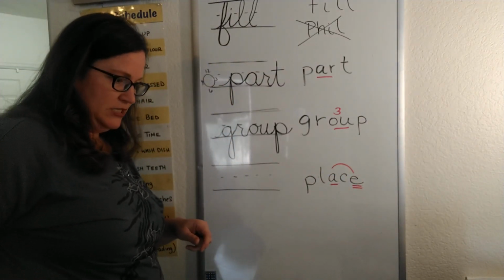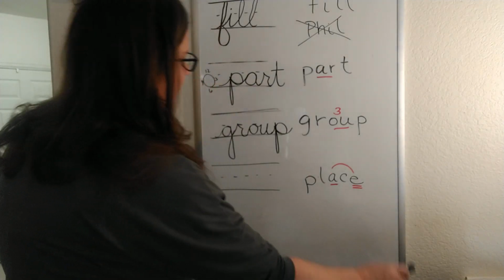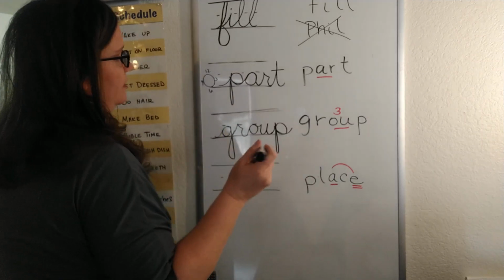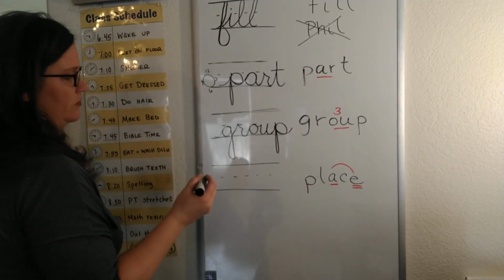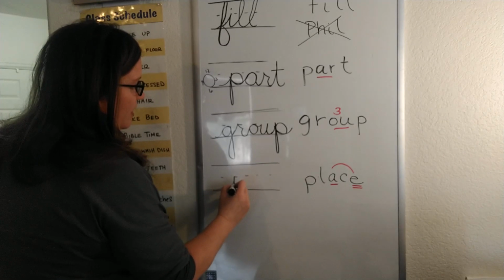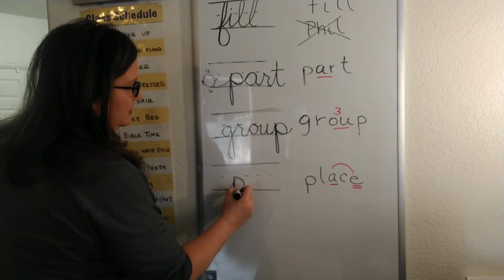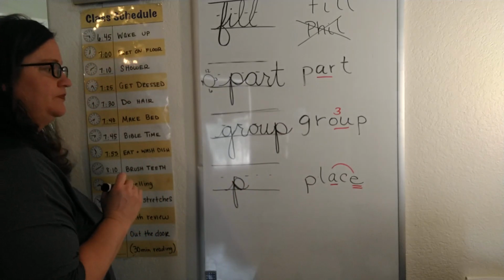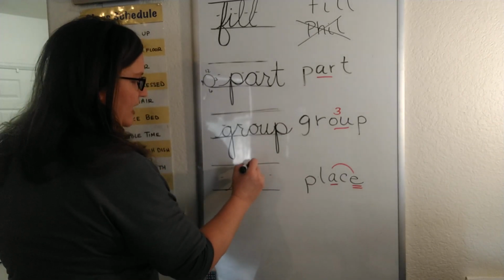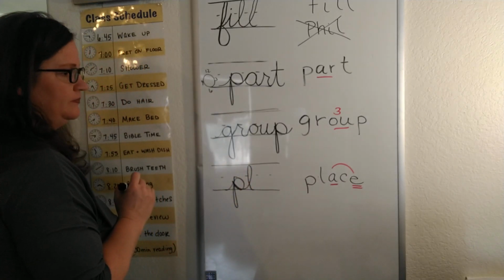Remember RPs for your cursive. Our clock and uphill, and a little loop if you want to throw one in there. Okay, so up to the midline, under the baseline, a clock, stop at 9 o'clock and out. L is a loop letter, all the way to the top, all the way to the bottom.